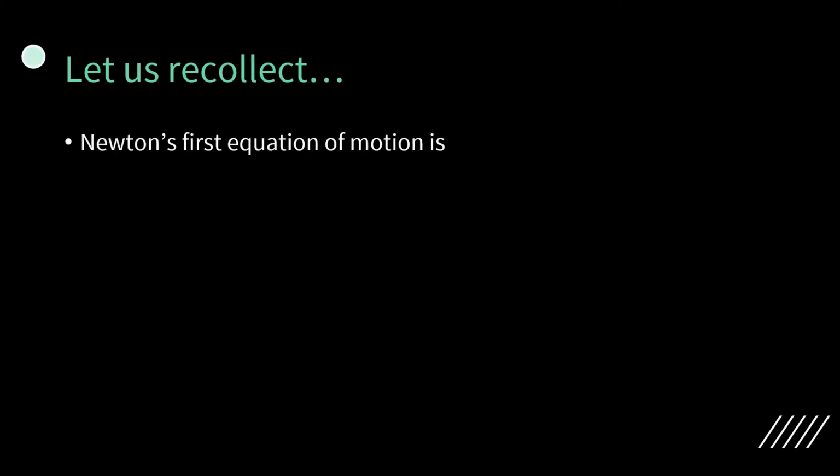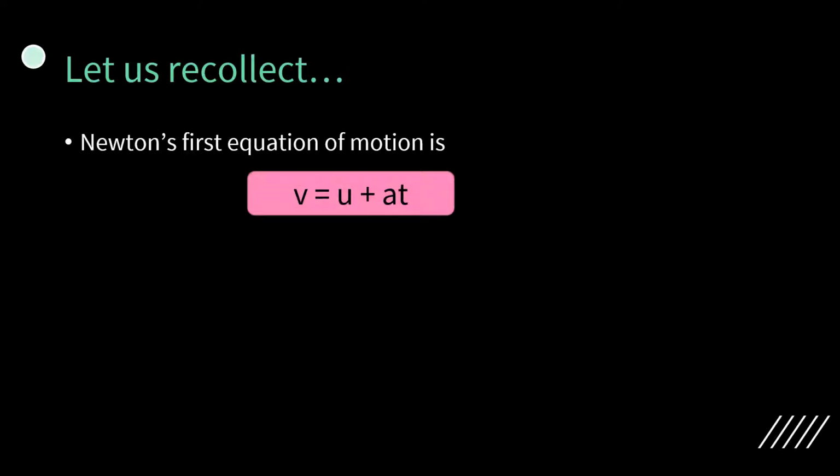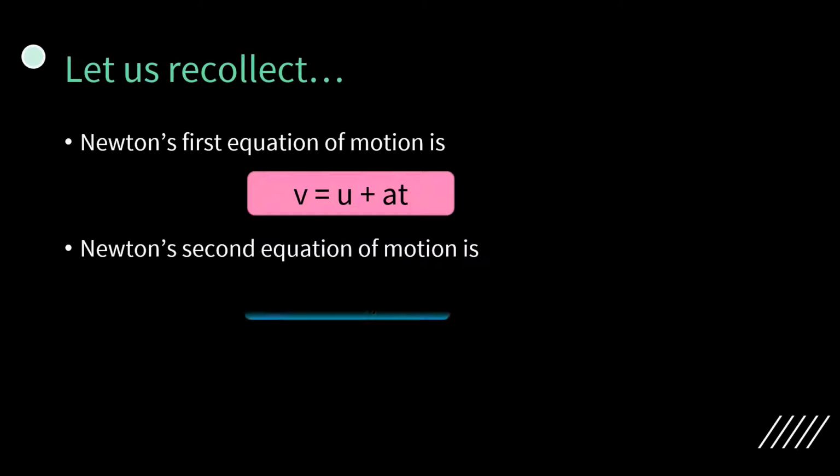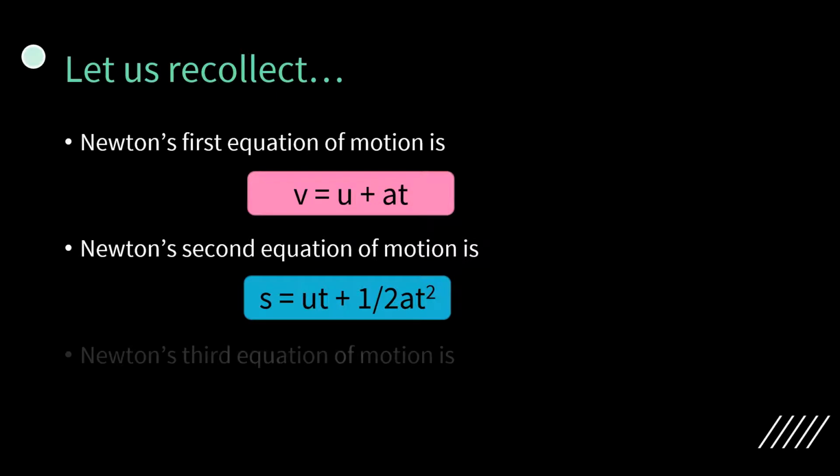Newton's first equation of motion is v = u + at. That is, it gives a relationship between velocity and time. Newton's second equation of motion, which gives the relationship between displacement and time, is s = ut + ½at².